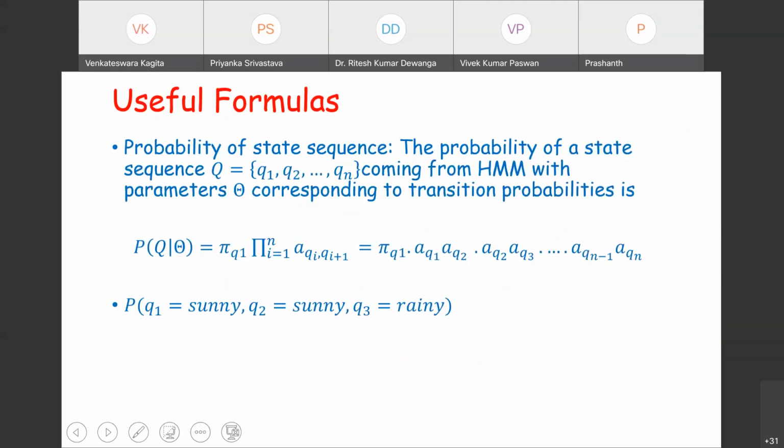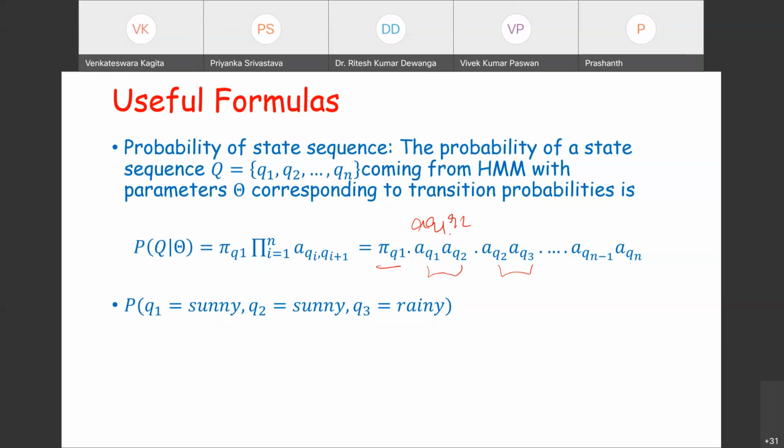So these are some useful formulas. Probability, this we have already seen. Just to summarize in a more formal way, I'm giving you these formulas. Probability of a state sequence: what is the probability that Q1 is sunny, Q2 is sunny, Q3 is rainy, and so on. It is the probability of the starting state times the probability of transitioning from Q1 to Q2, Q2 to Q3. This is supposed to be a Q1,Q2; I've just written it as a Q1, a Q2.